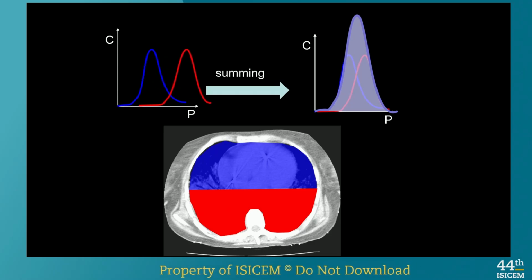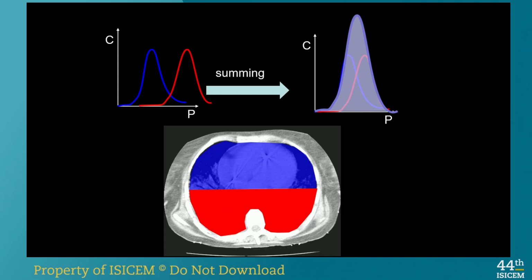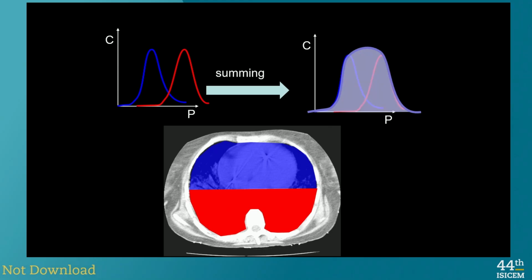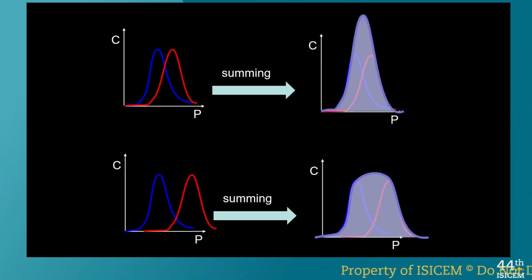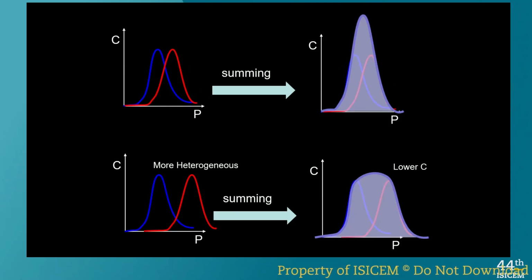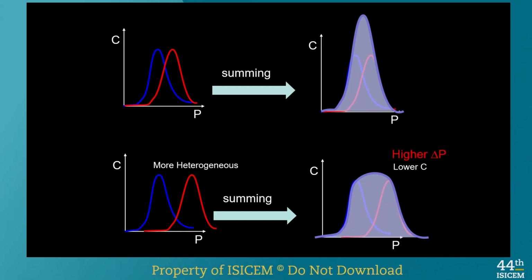Now, if you have a higher gradient, you have a displacement of these normal curves, and if you sum the two curves, you have a peak of compliance at a PEEP level that is lower. And this is why when you have more heterogeneity, the overall lung compliance decreases. So, as a result: more heterogeneous, lower compliance, higher driving pressure.